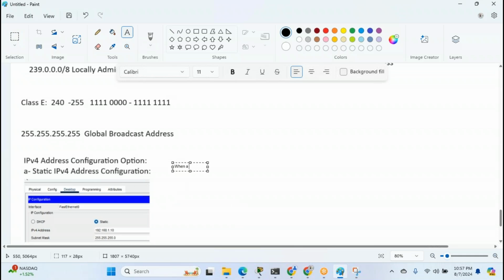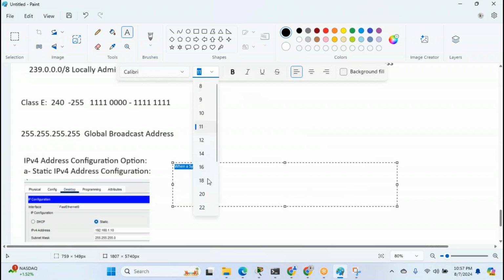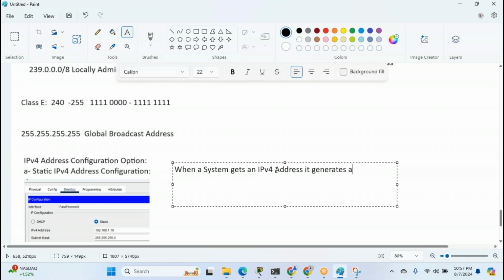When a system gets an IPv4 address, it generates an ARP request for its own IPv4 address.